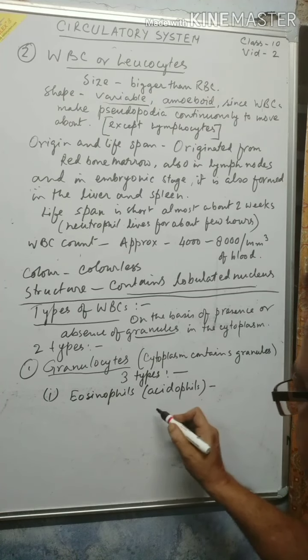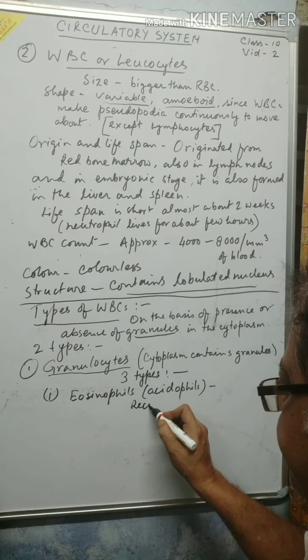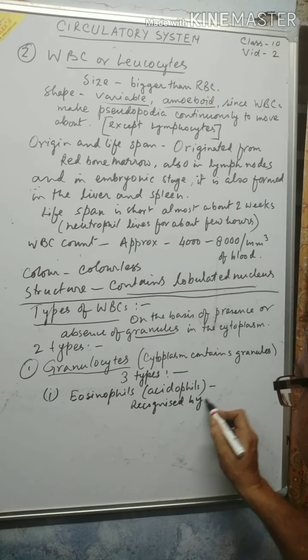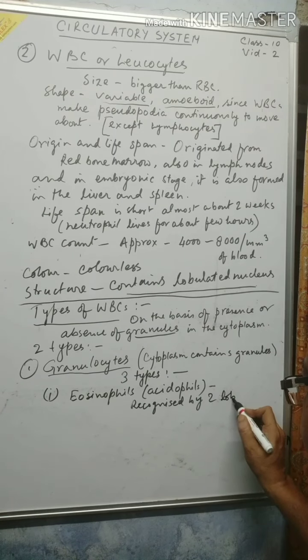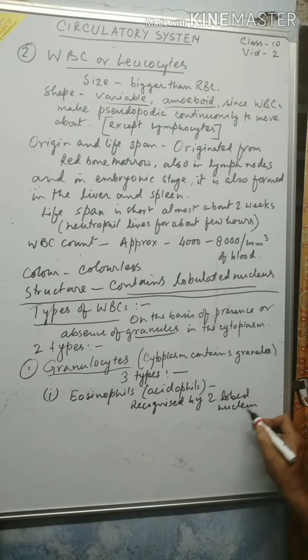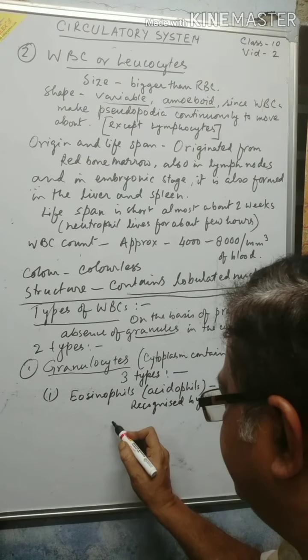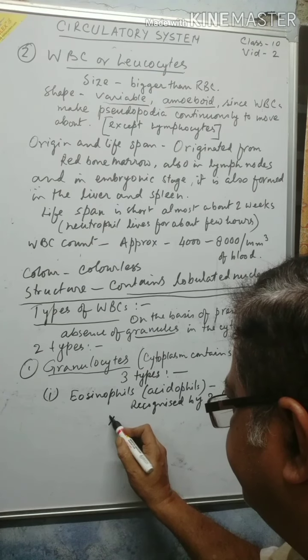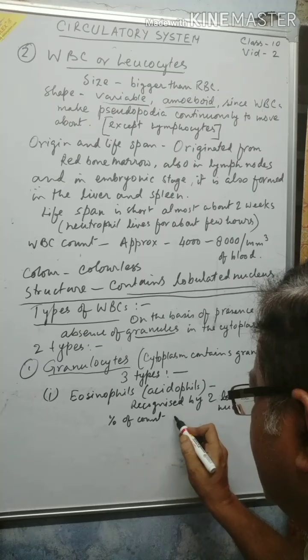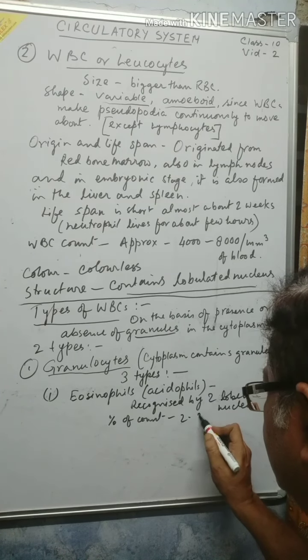Eosinophils are recognized by two-lobed nucleus. Percentage count about 2 to 3%.